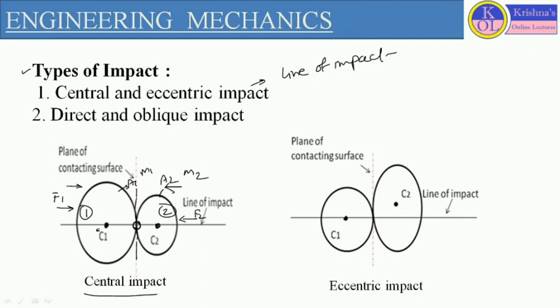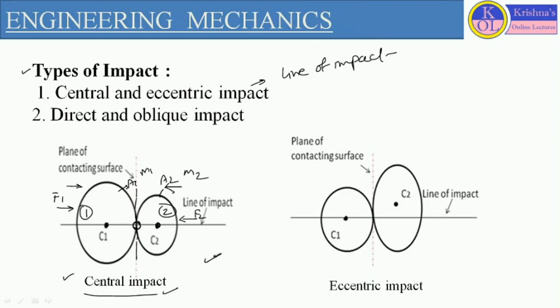In that condition, when the mass centers of the bodies are lying on the line of impact only, that impact is called central impact. Here C1 and C2 will lie on the same line of impact. So this is called central impact.